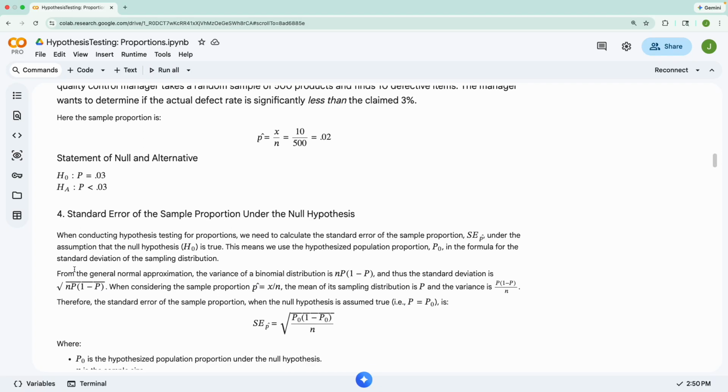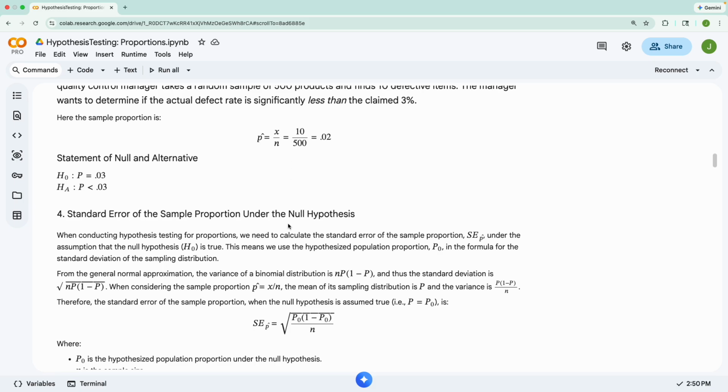So we have to understand the distribution of the sample proportion, and it becomes really important to know what the standard error of this estimator, of this test statistic, is when it's a random variable.